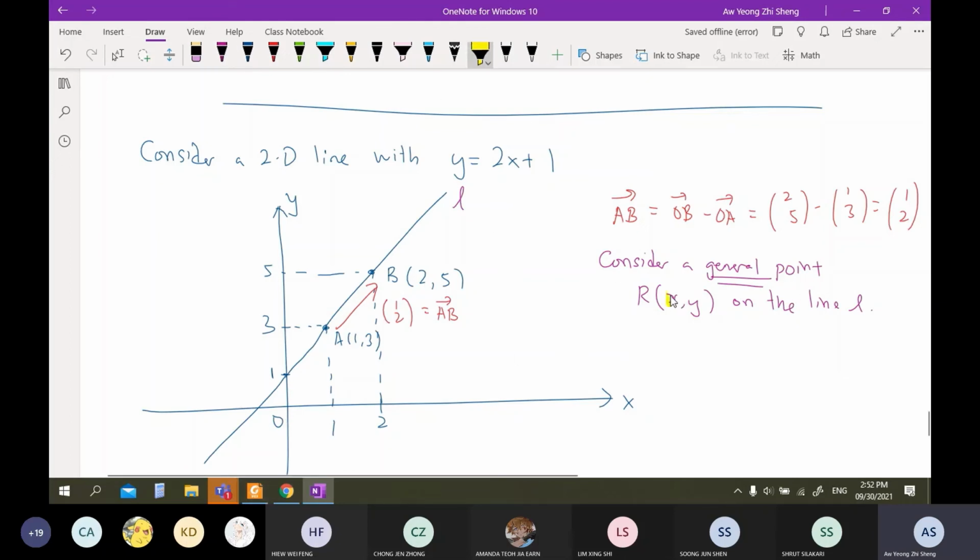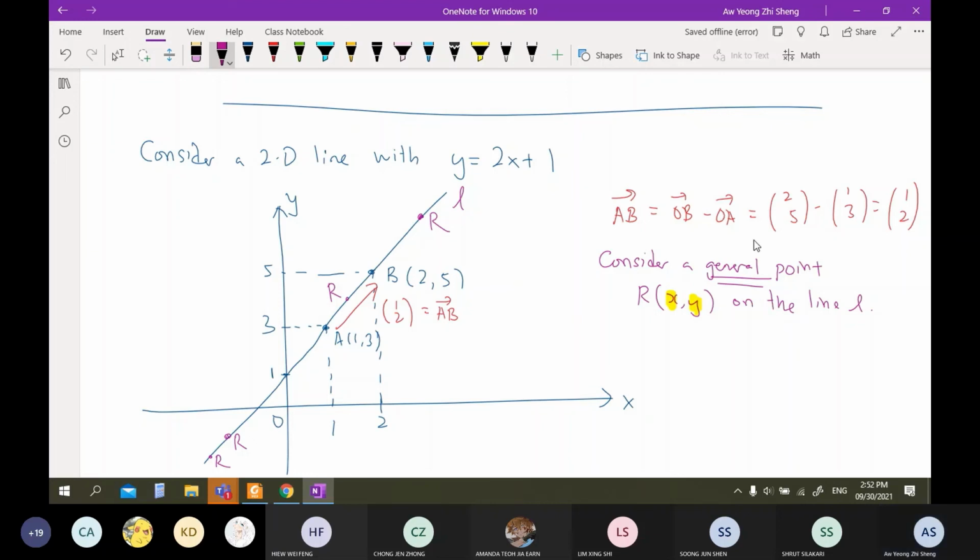That's why I'm not putting any numbers for the coordinates. I just call it (x, y). R can be here, R can be somewhere in between A and B, R even can be at the bottom end, or maybe even further down. R can be anywhere.